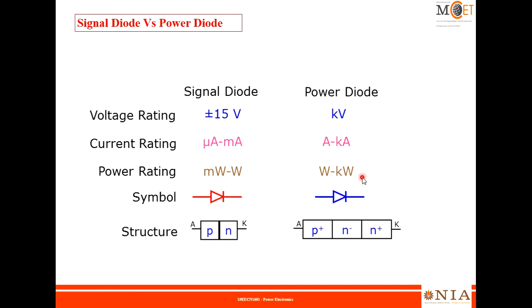to some kilowatts. The fourth parameter is the symbol. The signal diode symbol consists of an anode and cathode terminal, and the power diode also consists of an anode and cathode terminal. Structure-wise, it consists of a PN junction. A PN junction is formed when a P-type semiconductor is in physical contact with an N-type semiconductor.